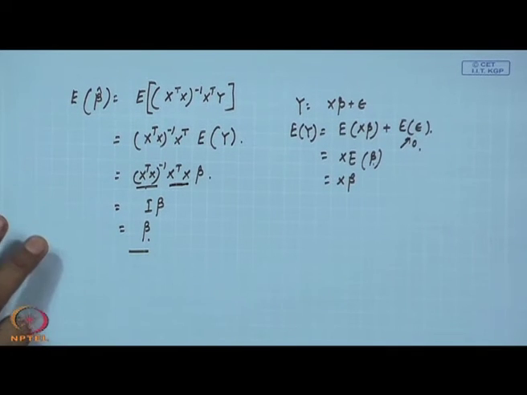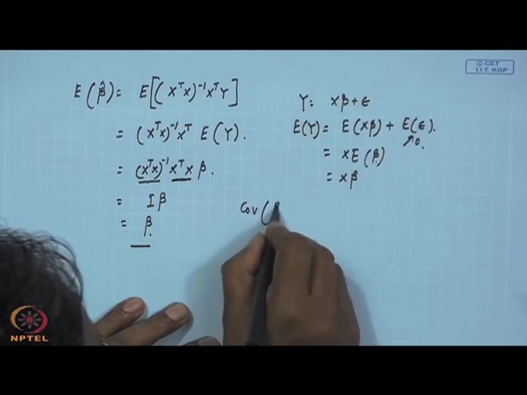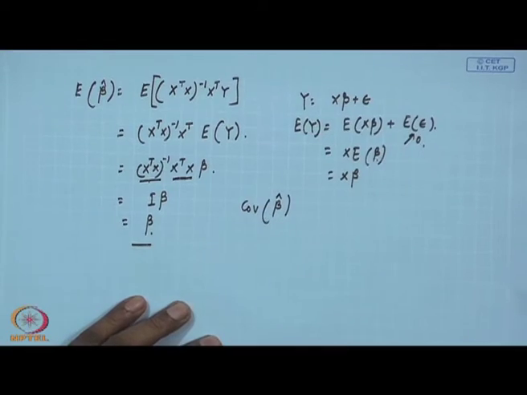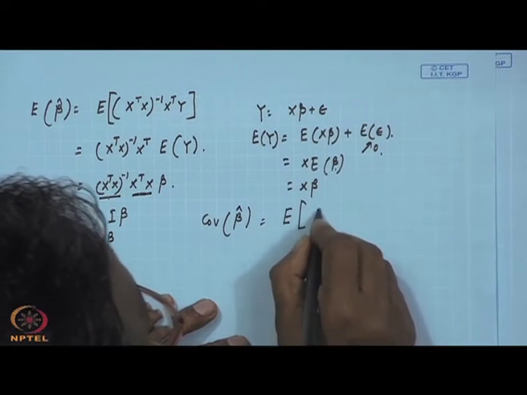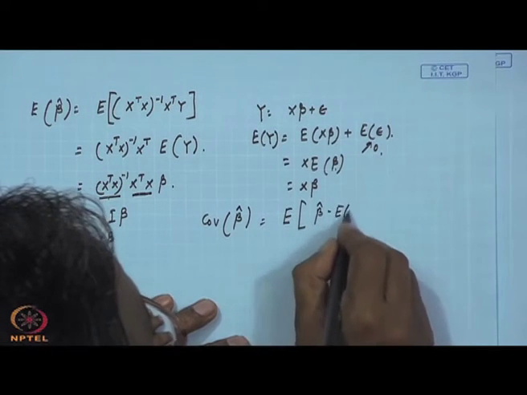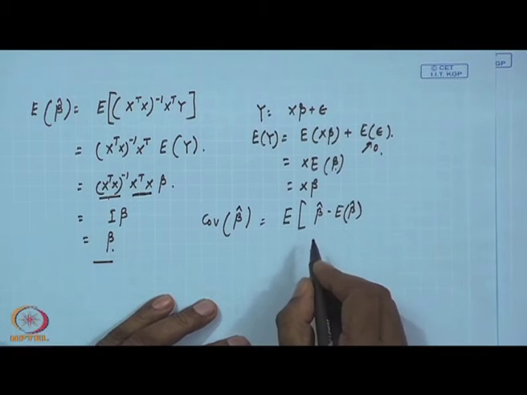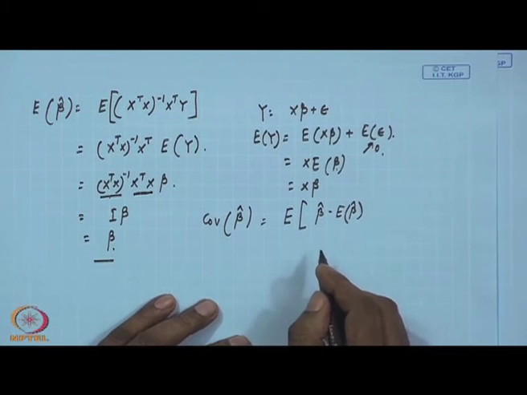What you require now? You require the covariance of beta cap. So, this can be written like this: expected value of beta cap minus expected value of beta cap, can we write like this?